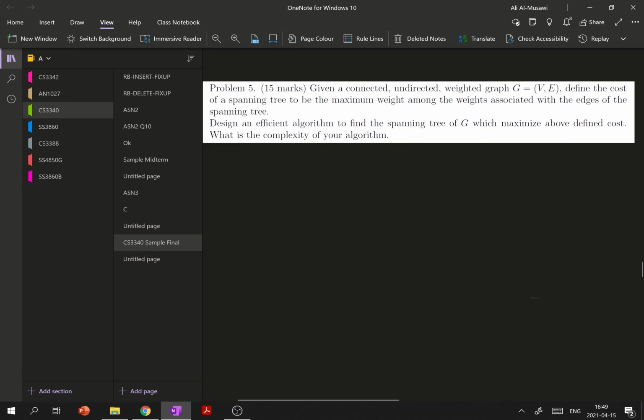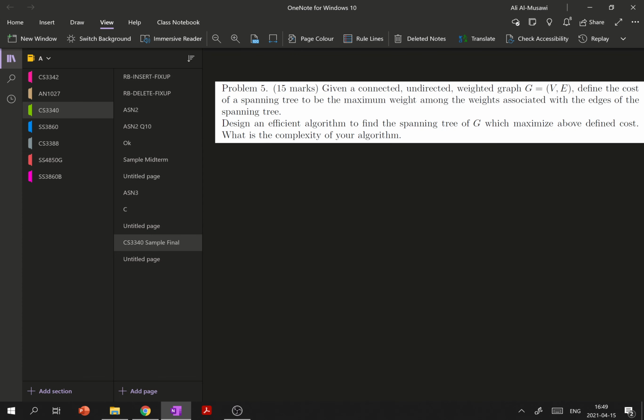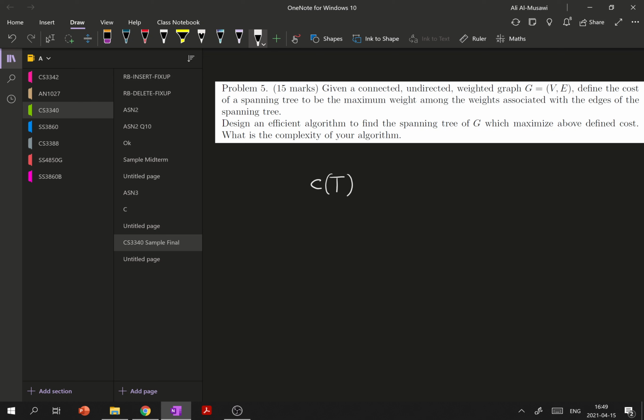Okay, well, I guess to understand the question clearly, you need to write the actual cost. So let me write that down. The cost is basically a function of any tree given to it. The domain of this function is the set of all spanning trees of G, okay?